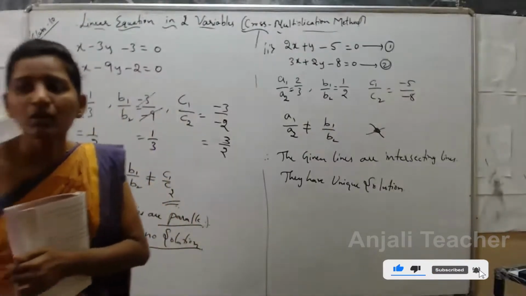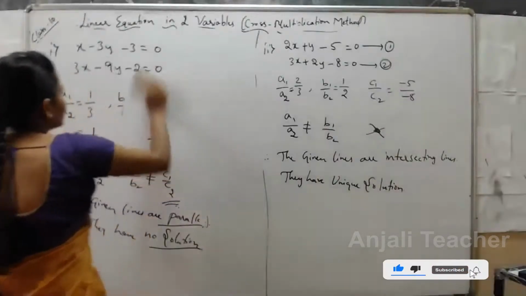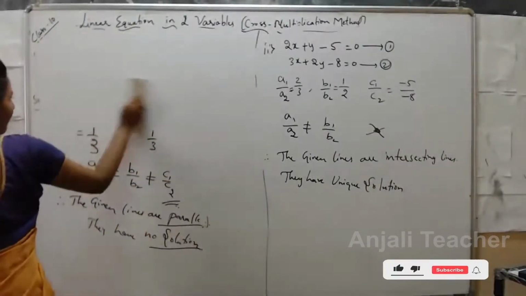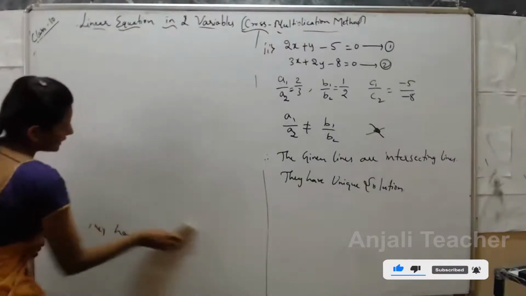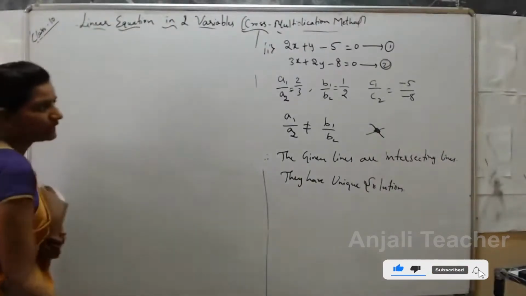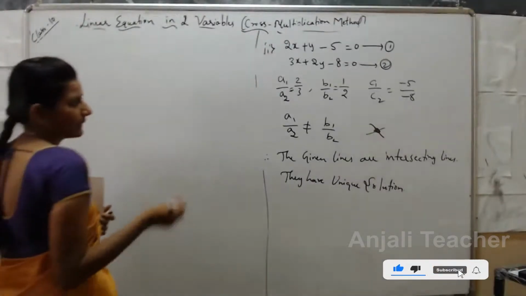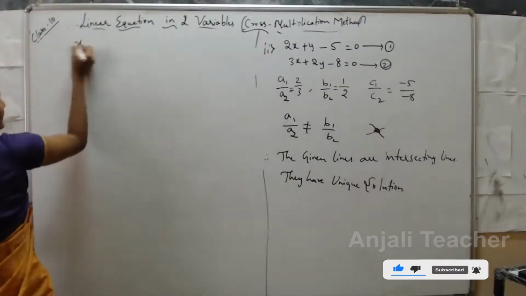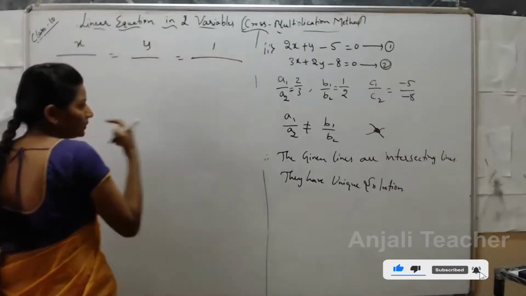By using the cross multiplication method, see here, directly put the formula and substitute all the values, you will get the answer. Next, x by, y by and 1 by. You know that.